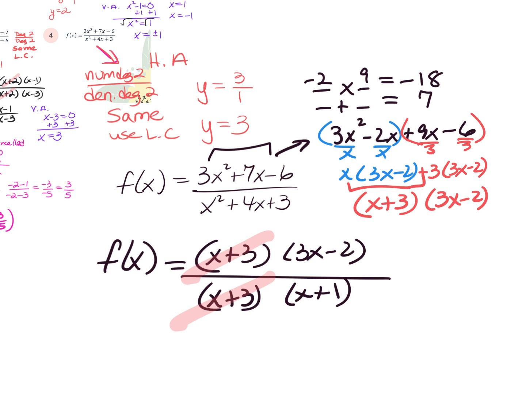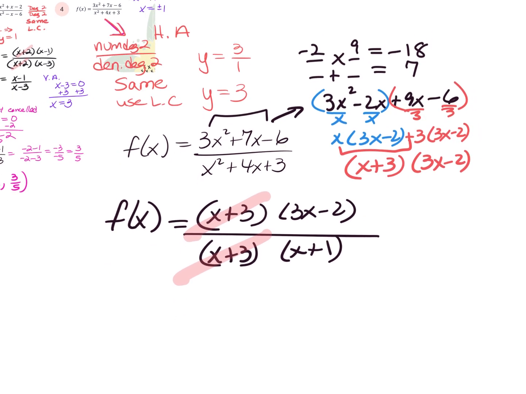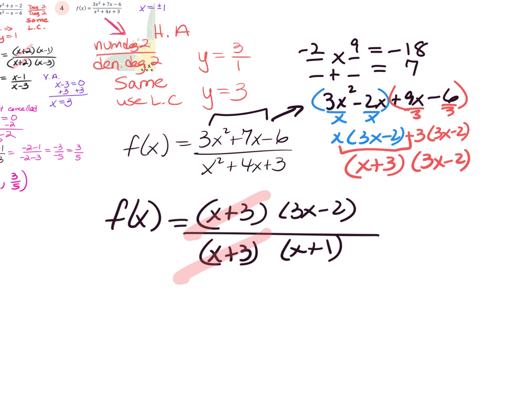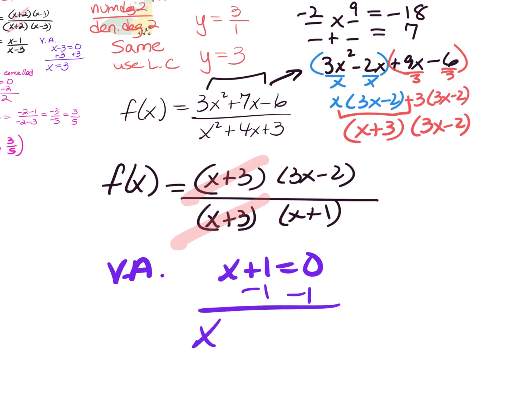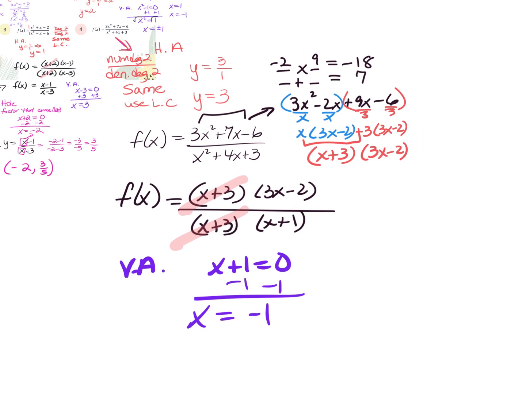And now for the vertical asymptote, we're going to set the simplified fraction's denominator equal to 0. So x plus 1 equals 0. Subtract 1, and my vertical asymptote is negative 1. So far, we've got our horizontal here.